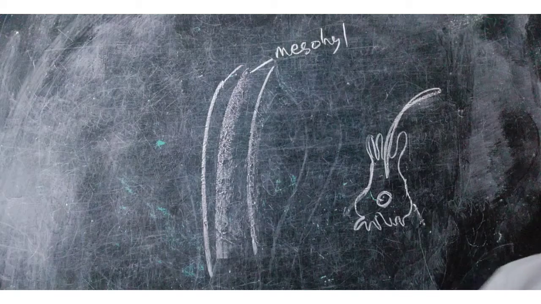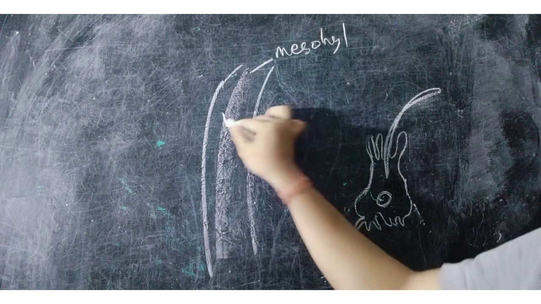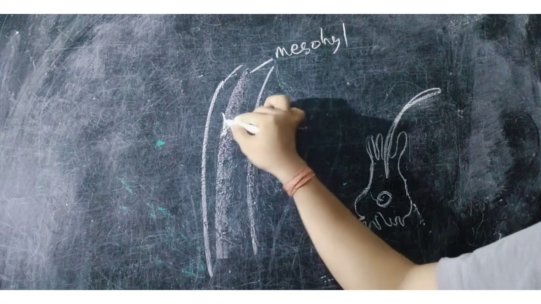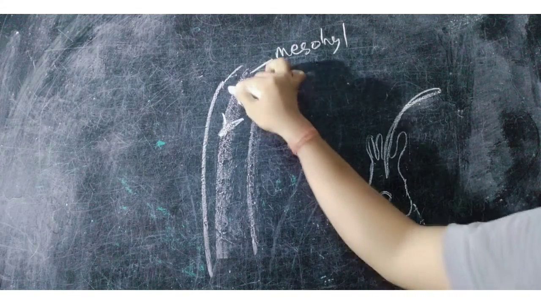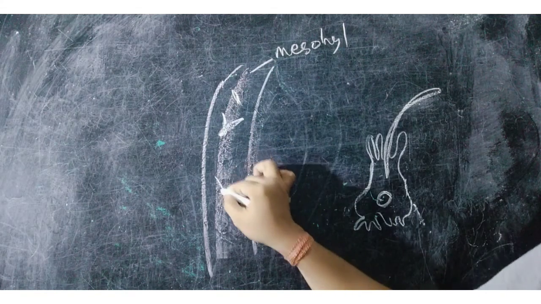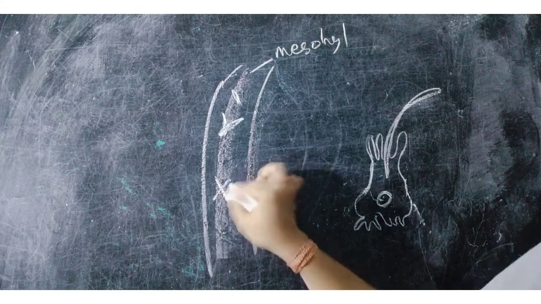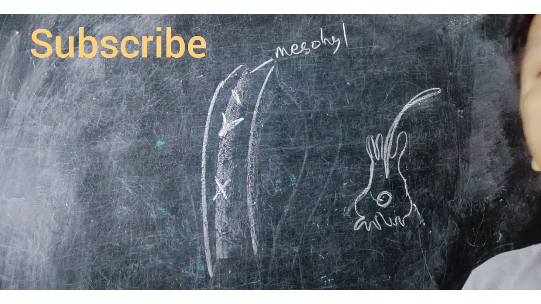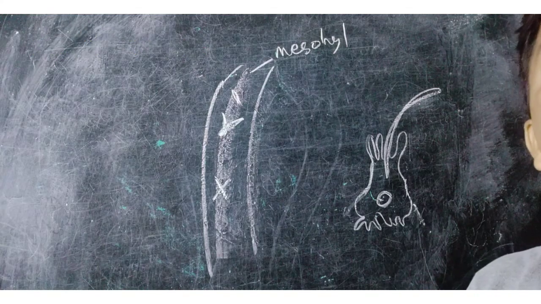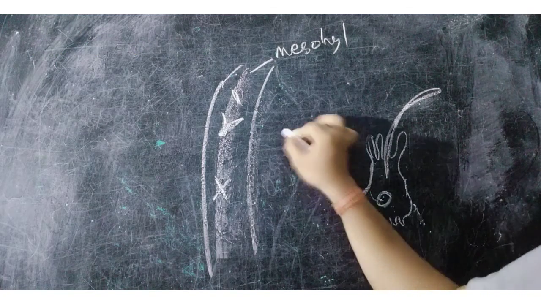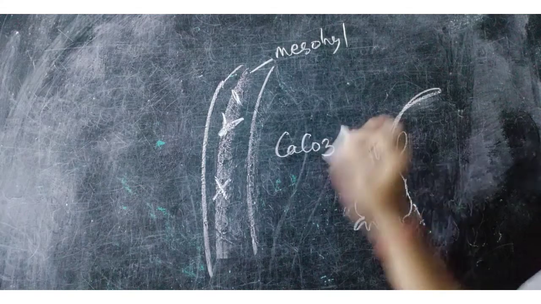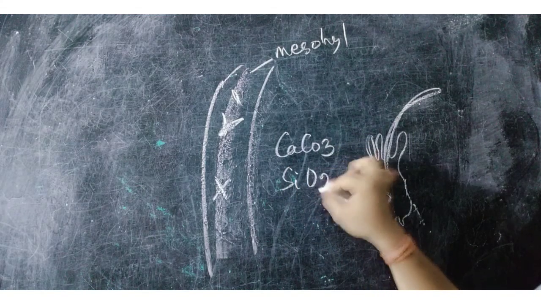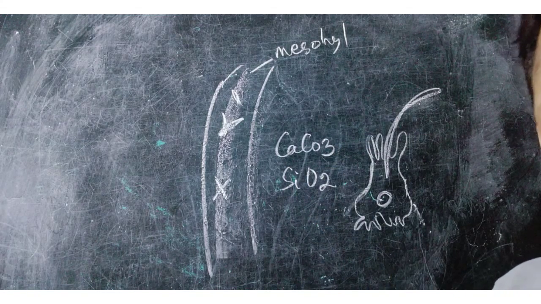It consists of spicules, like triaxon, monoaxon and tetraaxon spicules. The chemical composition of these spicules is calcium carbonate, calcareous spicule, or silicon dioxide, siliceous spicule.